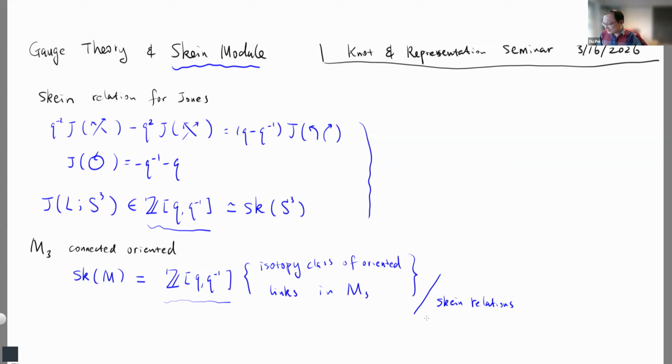And it has a lot of generalizations. In particular, one can define this for any ribbon category. Let's denote it by C. One can similarly define a skein module with C being an input.